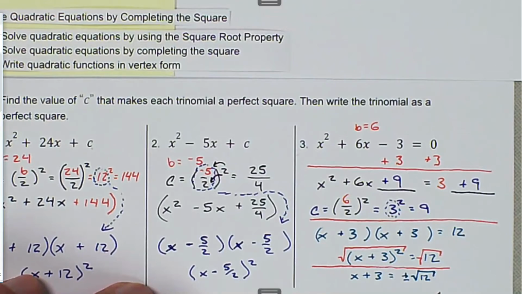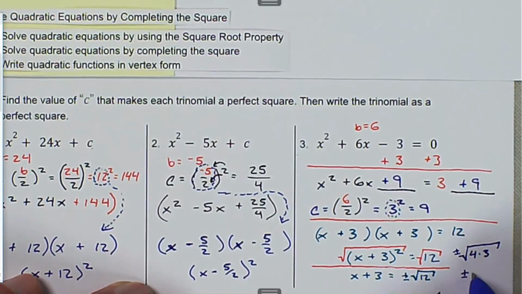And then we need to think about reducing our radical. So we can rewrite the square root of 12 as the square root of 4 times 3, still keeping that plus or minus out front. Now the square root of 4 is 2.